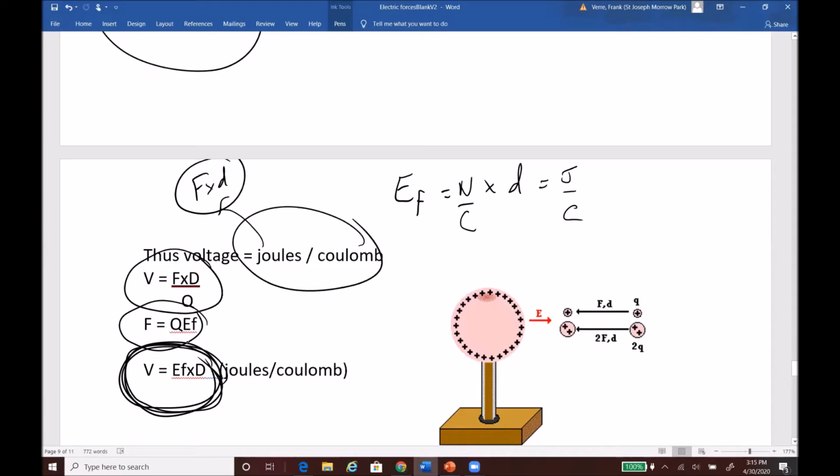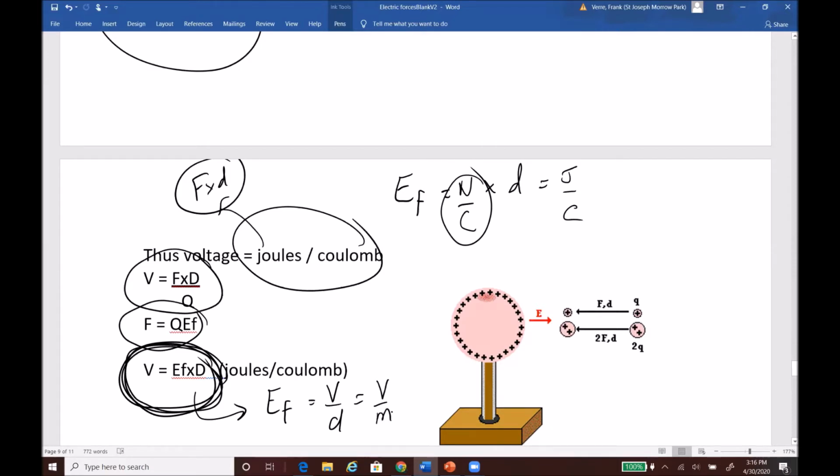But we can also rearrange this equation and say that the electric field is a function of the voltage divided by the distance, with distance being in meters. So in this case, we can measure the electric field not only in newtons per coulomb, we can also express it as volts per meter.